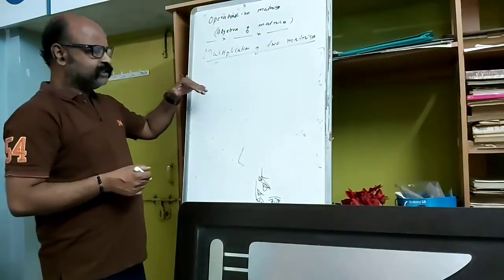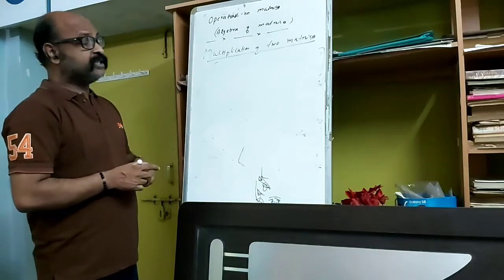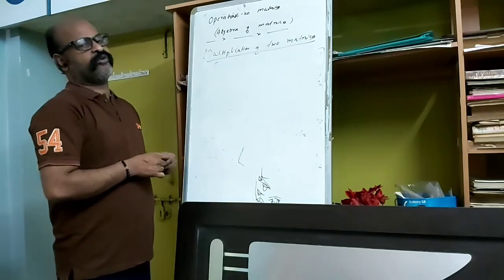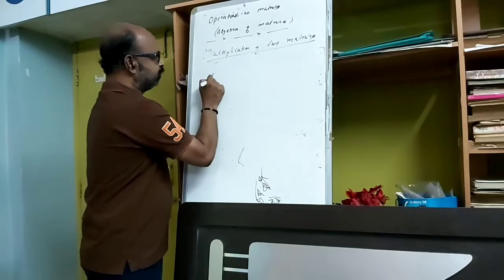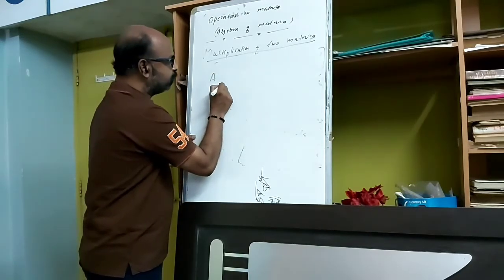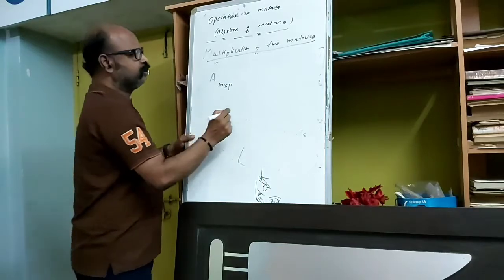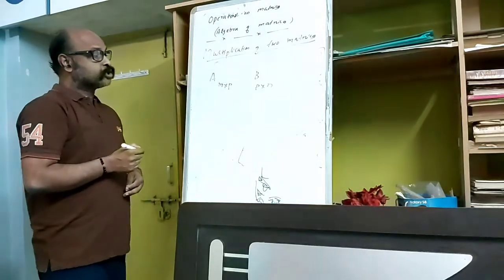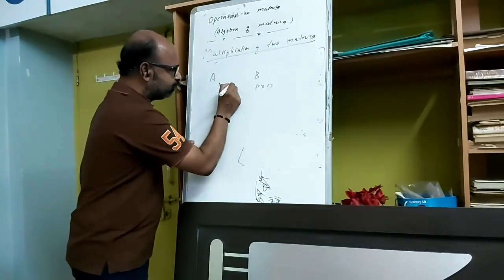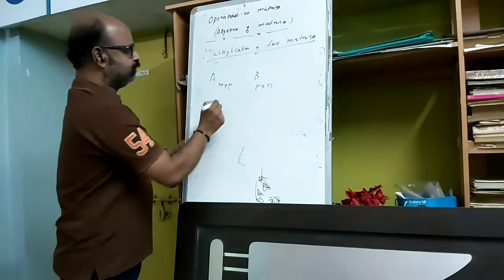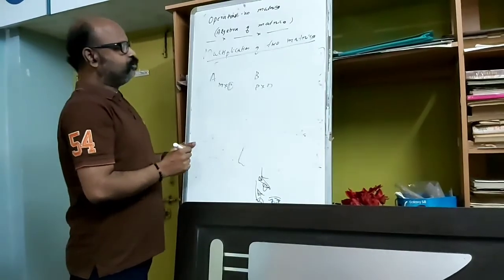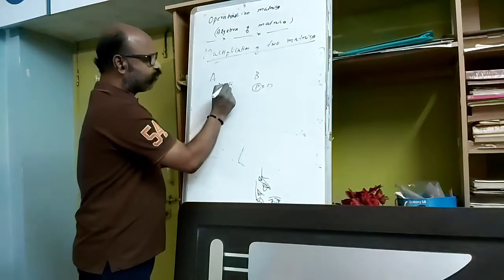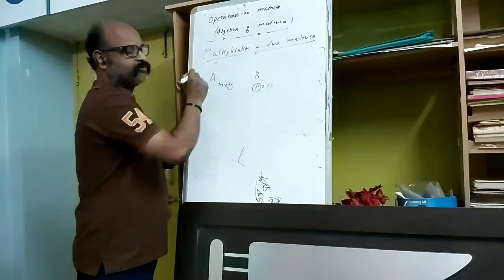Here we just recall the condition for two matrices to be conformable for multiplication. Suppose A is a matrix of order M by P and B is a matrix of order P by N. The number of columns of A, that is P, is equal to the number of rows of B, P. The number of columns of the first matrix equals the number of rows of the second matrix.